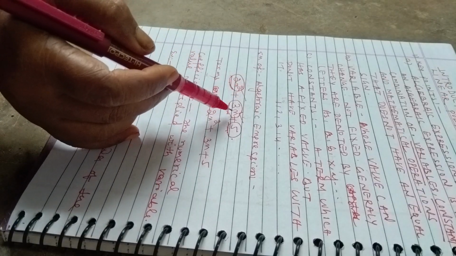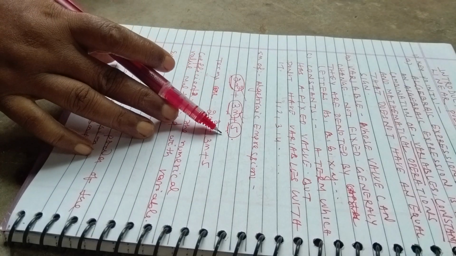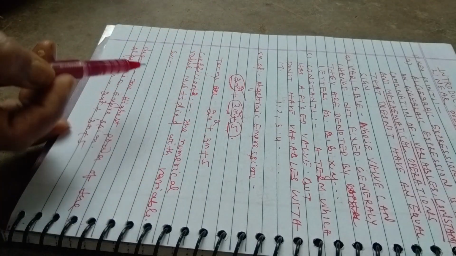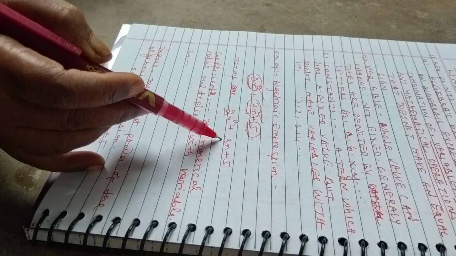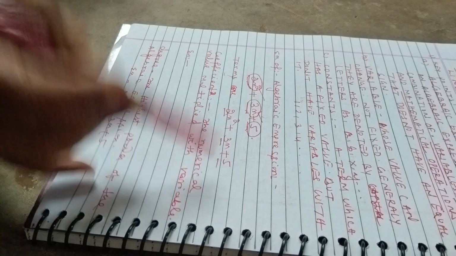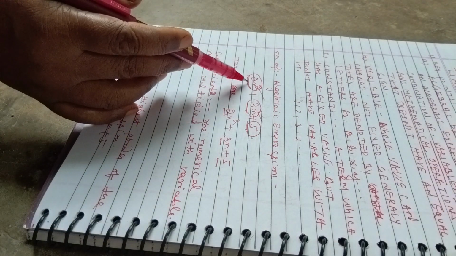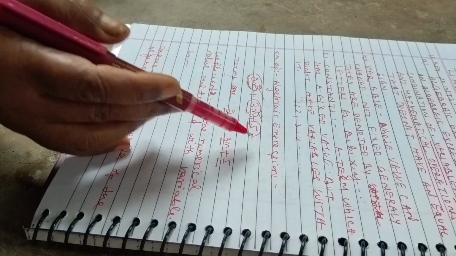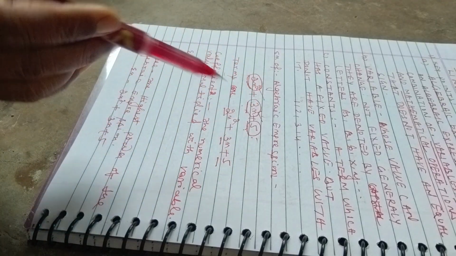That means x is the variable for this algebraic expression, and the terms are 2x square, 3x and 5. How many terms are there? 3 terms: 1, 2 and 3. 5 is a constant, where 3x and 2x square are variable terms.